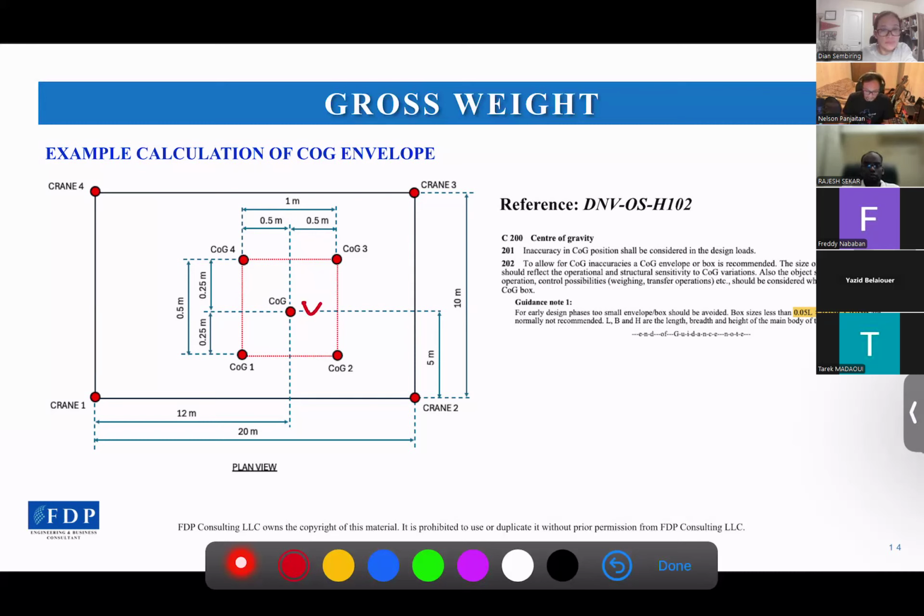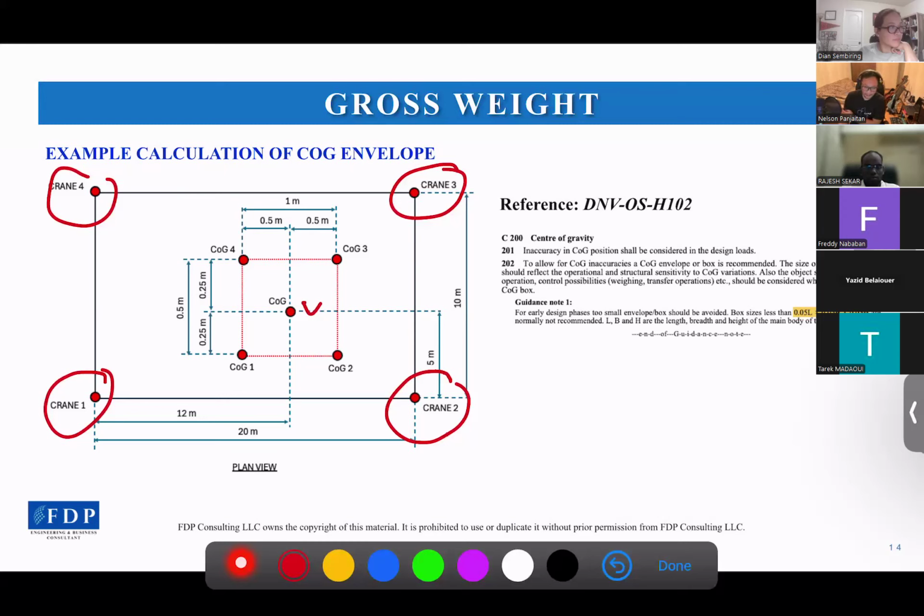Total weight is about 1,000 kilonewtons, and we're going to lift it by utilizing 4 cranes, which are located as shown in the picture. Crane 1, 2, 3, and 4. What is the maximum gross weight of each crane if we use a COG envelope and COG factor?